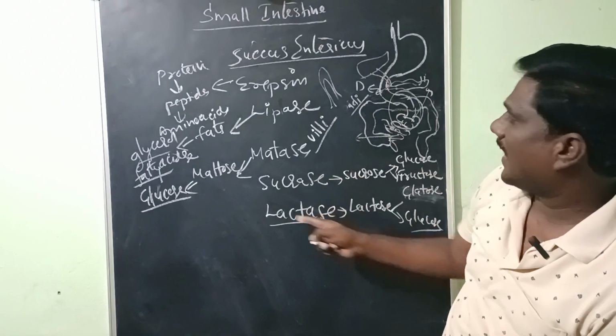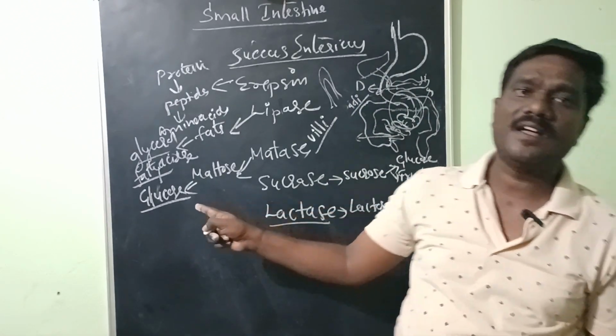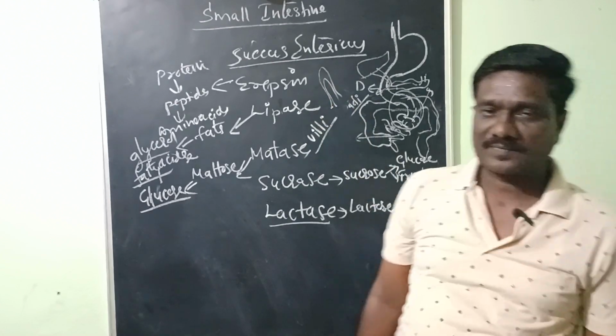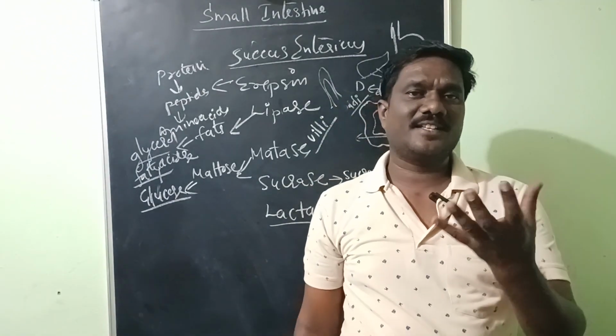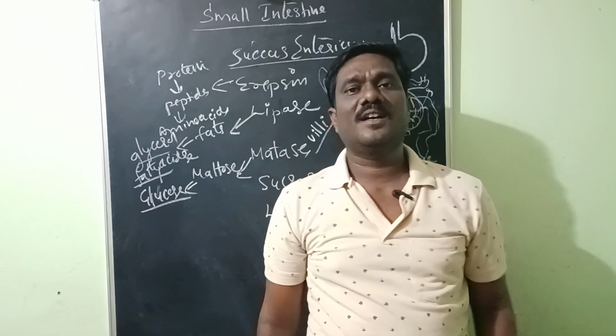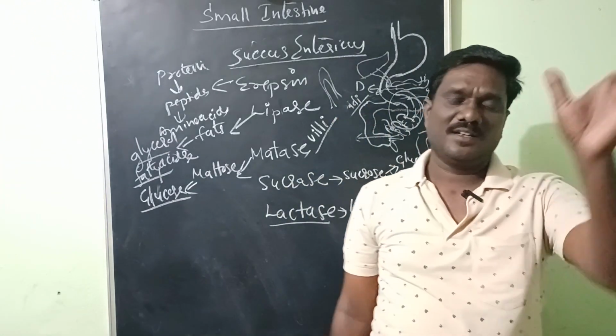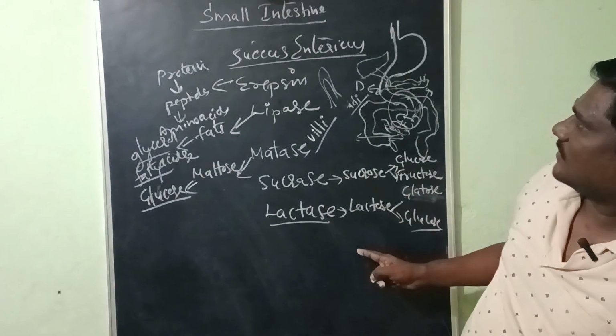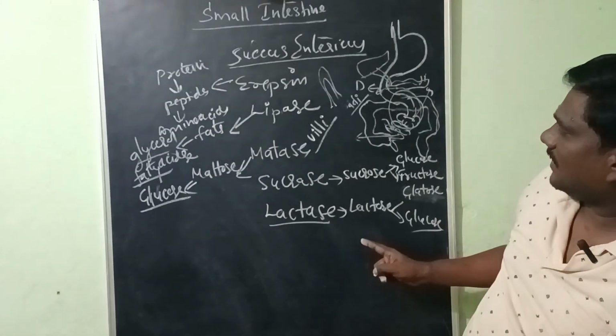Fats are not absorbed by the blood vessels. They are absorbed through the lacteals and sent to the spleen, and from the spleen they reach the liver. This is the digestion process of the small intestine.